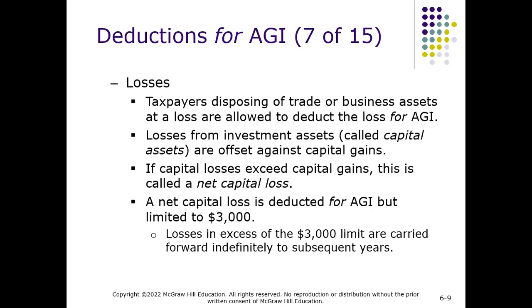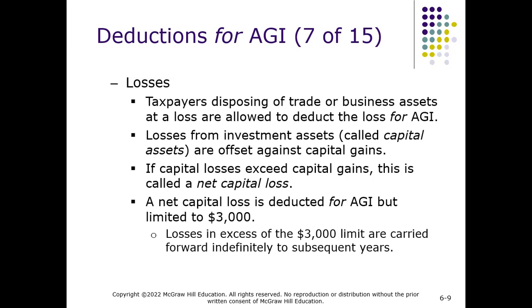Okay, losses are also considered a deduction for adjusted gross income. Typical type of losses are when we sell a trade or business asset for less than its basis. Okay, they can be deducted on the 1040 as a deduction for adjusted gross income.